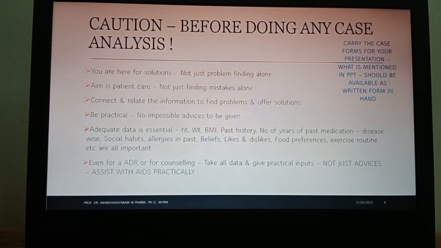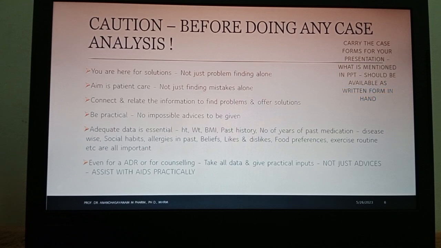But caution, before doing any case analysis, please focus here. Carry the case forms for your presentation. What is mentioned in the PPT should be available in written form in hand. Suppose you are presenting a particular case, please bring the SOAP sheet of that. If it is a medication error, please have the medication error in your hands, so that you can present what you have collected and what you have presented.